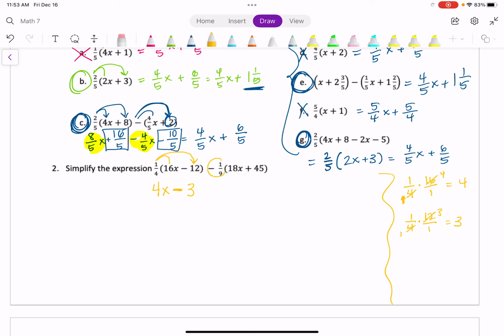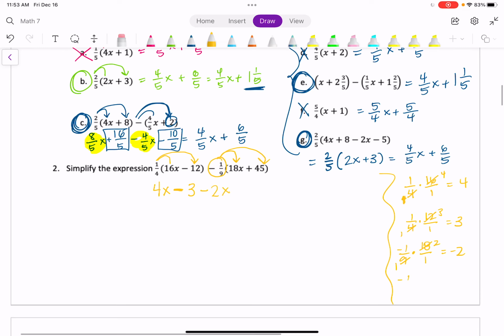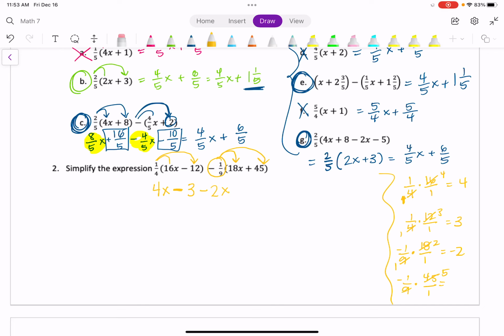Now I'm subtracting. So I have a negative 1/9. Negative 1/9 times 18. 9 goes into 18 2 times. So I have a minus 2x, and then same idea, negative 1/9 times 45. 9 goes into 45 5 times.